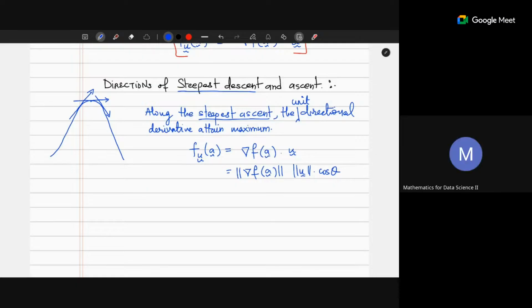So theta equal to 0 is the direction. We know that we are working with a unit direction, so the norm of u is 1 and cos 0 is 1. That's when we achieve the maximum. The directional derivative is maximum.